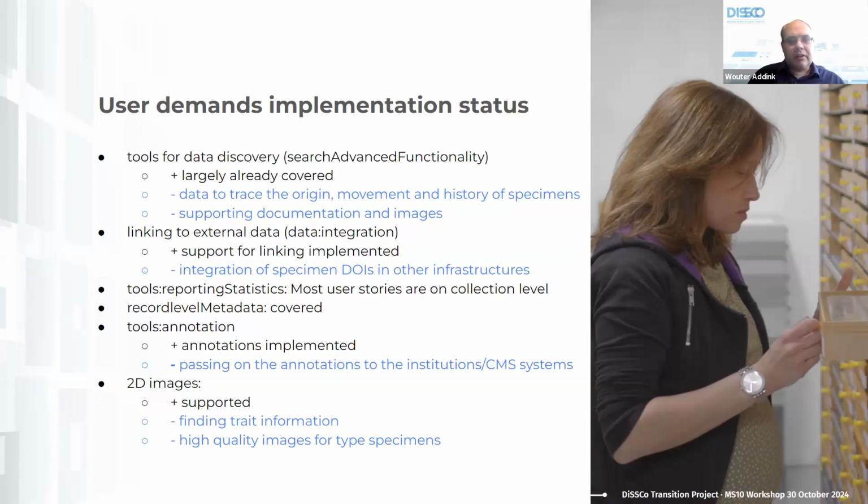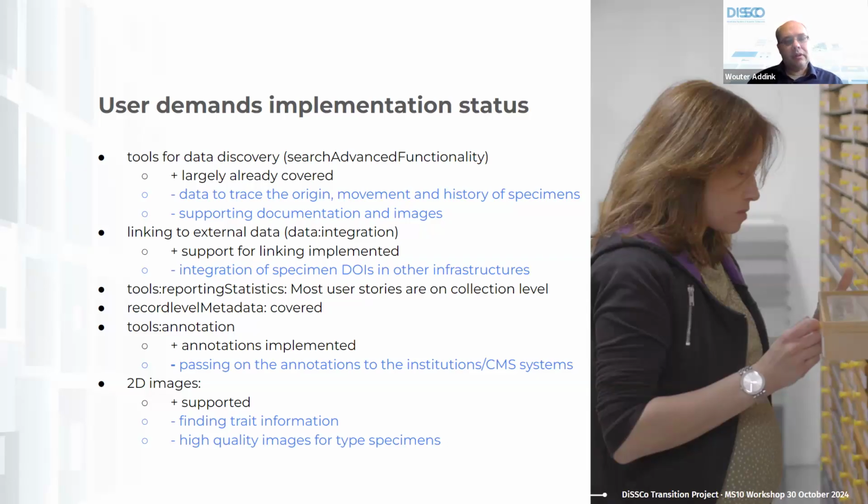Linking to external data: as Sam just showed, we created a few demo versions of machine annotation services that can link to external resources. So that is there, but what is not yet there is integration of our specimen DOIs, because we still need to create these in other infrastructures. So it would be very nice if other infrastructures like ENA and GBIF would integrate our specimen DOIs so that you can easily go from there back to our infrastructure.